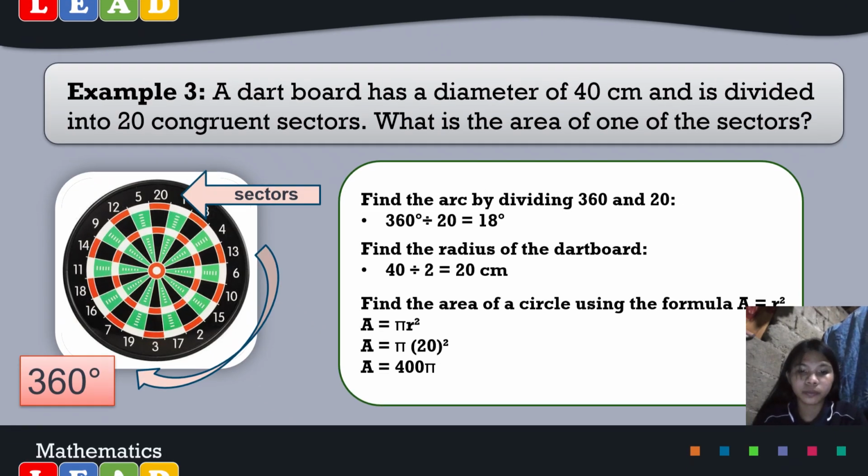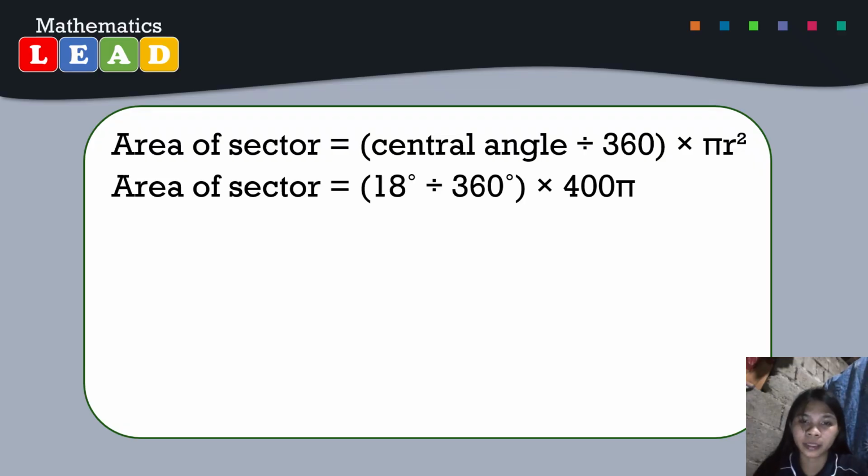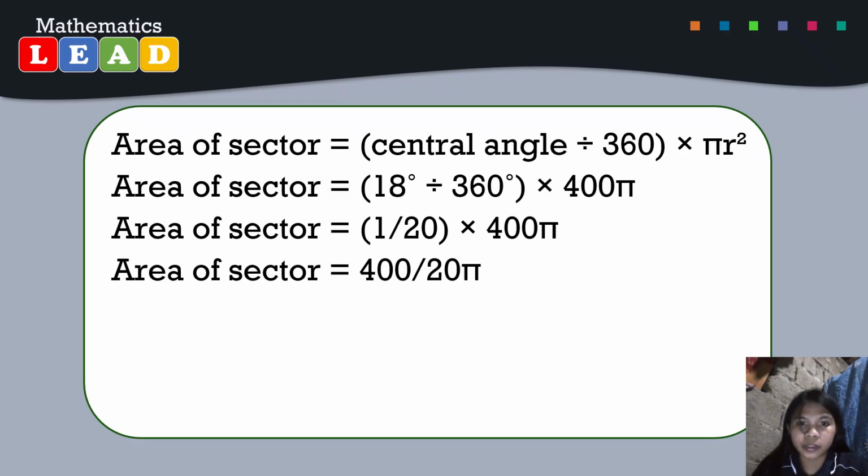Now, the area of a sector is calculated as the sector's central angle divided by 360 degrees multiplied by the total area of a circle. So, area of a sector is equal to 18 divided by 360 multiplied by the total area of the circle, 400 pi. 18 divided by 360 is 1 over 20 multiplied by 400 pi, which gives us 400 over 20 pi.